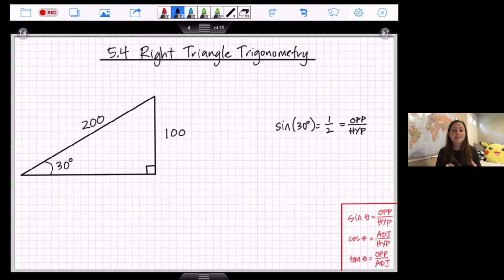And it would be impossible for you to draw any triangle, even if I made this 15.5, if you drew a 30-degree angle with an opposite side that was 15.5 centimeters long, the only way to accomplish that is with a right triangle with a hypotenuse that would be twice that length, that would be 31 centimeters long. Okay, so these ratios have to hold, and they have to jive with what we know about these angles in the unit circle. All right, so we'll use the Pythagorean theorem and our new SOHCAHTOA definitions when we get together in class.